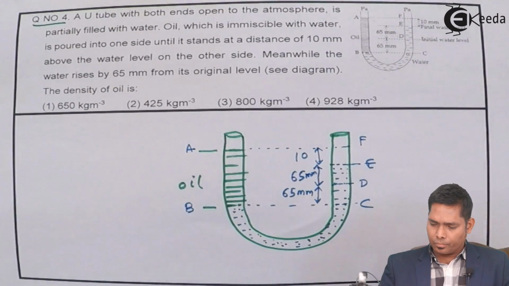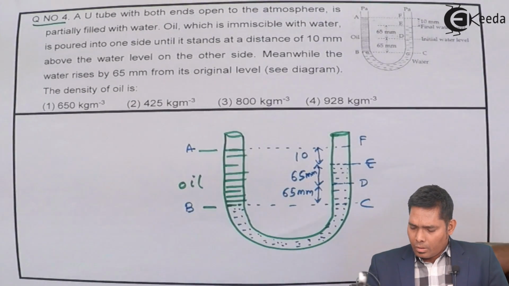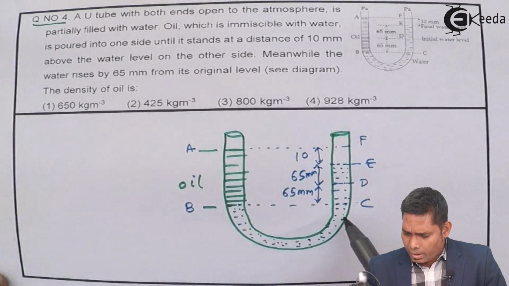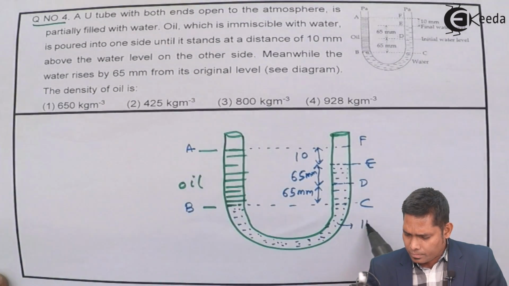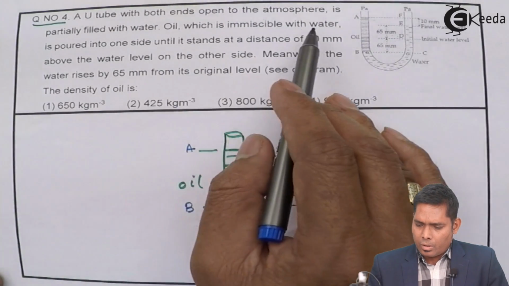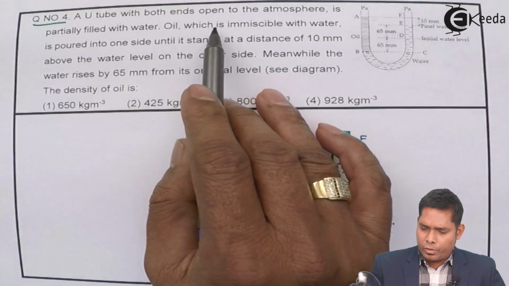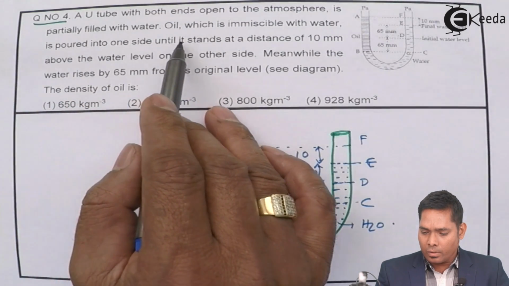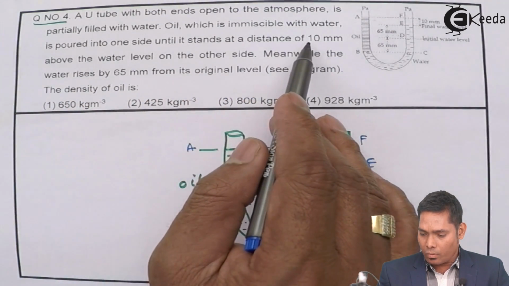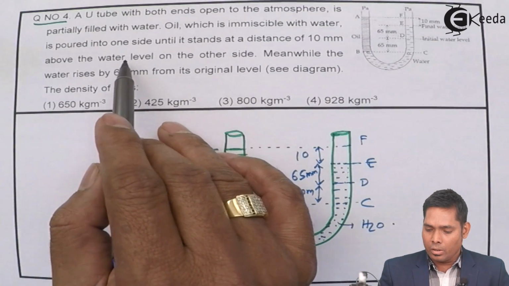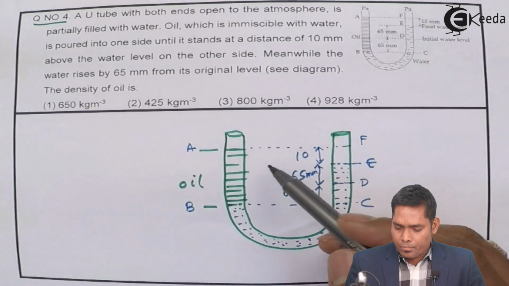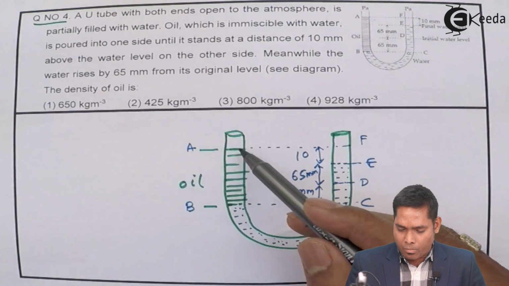Now this is water and this is oil. This is water. Oil is poured into one side until it stands at a distance of 10 mm above the water level. So this is the water level. This stands 10 mm above the water level.